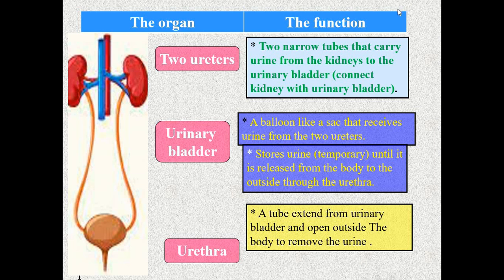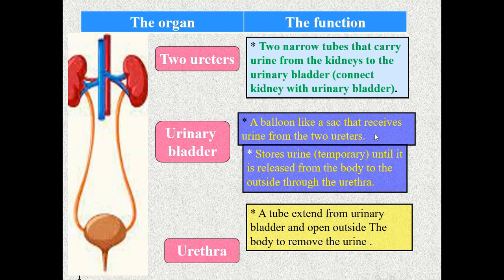What is the urinary bladder? Look at the end of the ureter, there is a sac or a balloon. This is the urinary bladder, a balloon-like sac that receives urine from the two ureters. It stores urine until it is released from your body to the outside through the urethra.